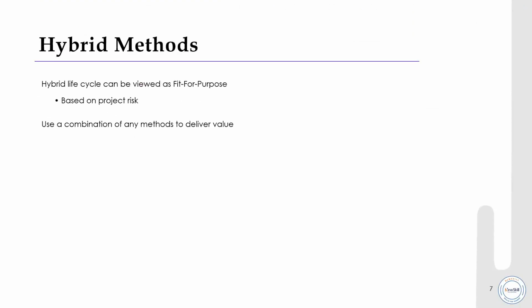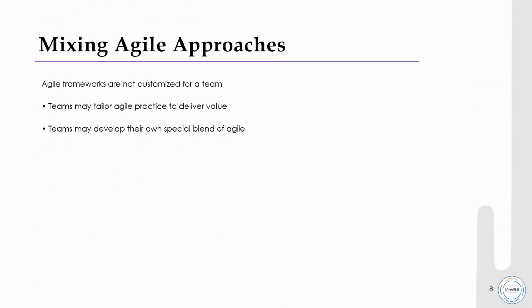So the hybrid life cycle, most of the time, is a result of tailoring. You want to leverage the benefits of predictive, but also the benefits of agile, using a combination of these methods to deliver value. So there is nothing big about hybrid.